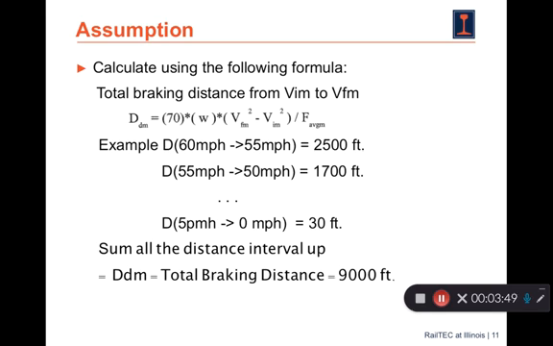How do I determine the braking distance? I use the following formula, and this is an example of how I get the braking distance. Each time the train decreases by 5 miles per hour, I get a value, and until it decelerates to 0, I sum those lengths up, and that is the braking distance.